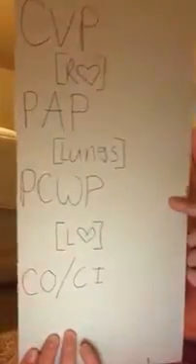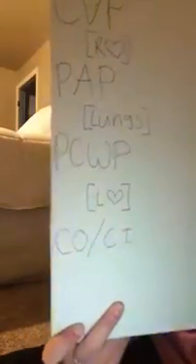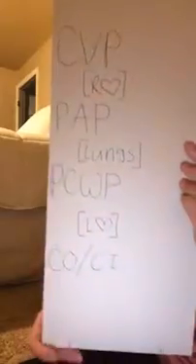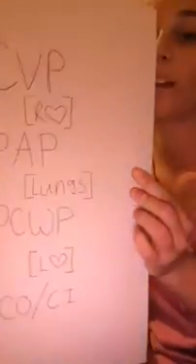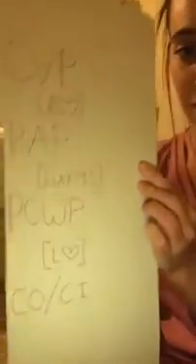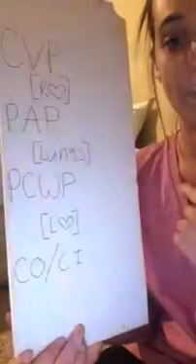If your issue was within the left heart, you would think congestive heart failure, maybe pulmonary edema, mitral valve stenosis, or it could also be negative effects of the ventilator, so like your increased PIPs and your increased PEEPs.